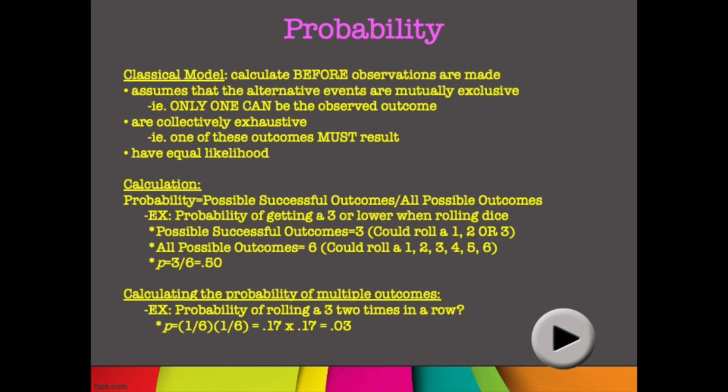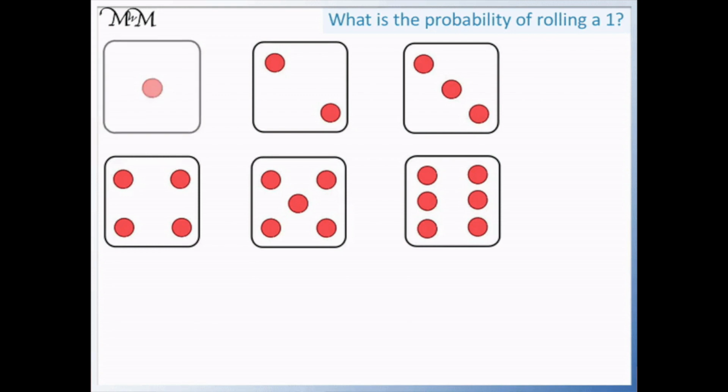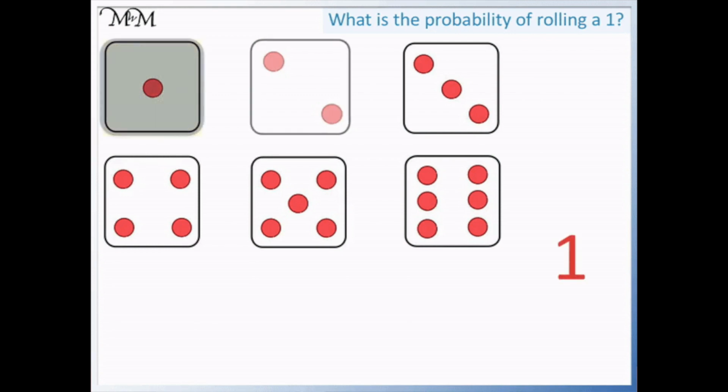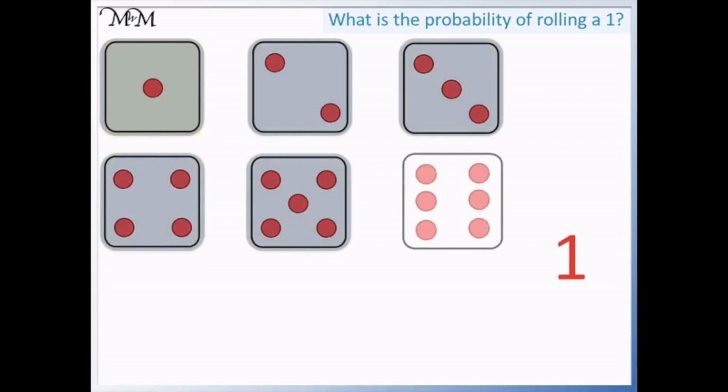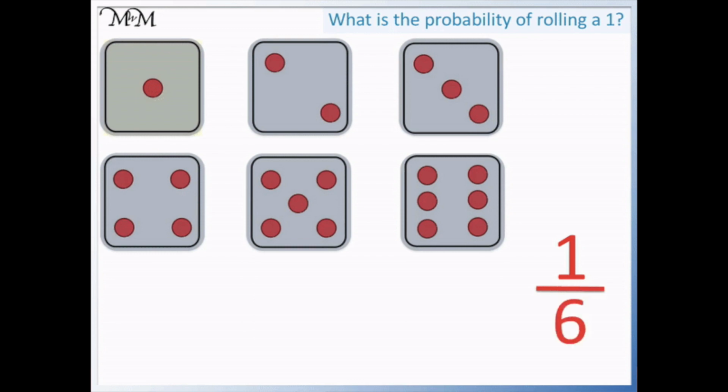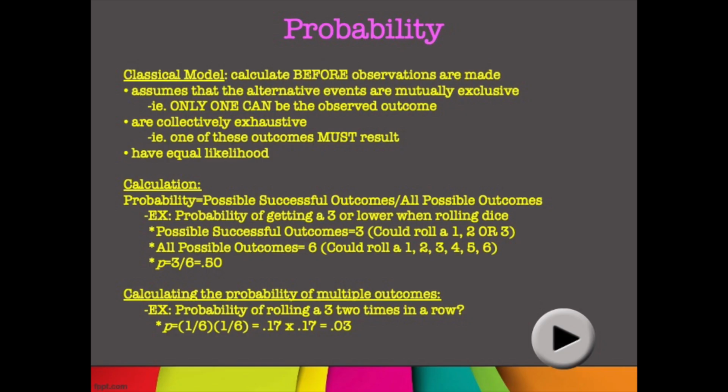But I'm going to do that twice. If you look here at the asterisk, it says p equals 1 over 6, and then again another 1 over 6. That's the second time I roll the dice. What's the probability of me getting a 3? There's only one 3 on the dice over 6 possible numbers. So when I calculate through that, 1 over 6 equals 0.17, and then again 1 over 6 equals 0.17.